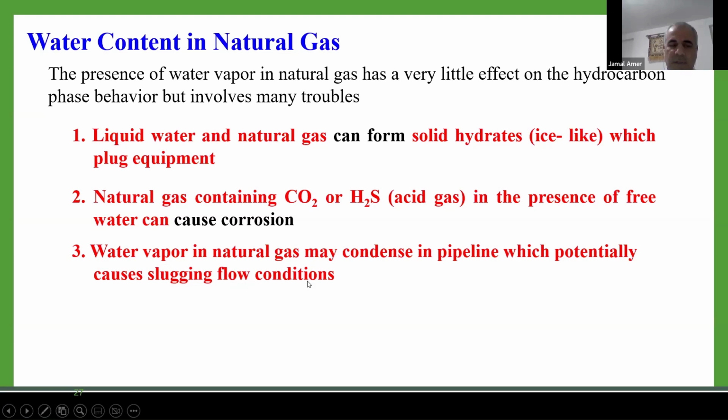When we export the gas and the dew point is still not as per requirement, and if the temperature of that gas falls below the dew point along the way, some water will condense, and this water will cause some kind of slugging flow condition, which will affect the downstream facility.